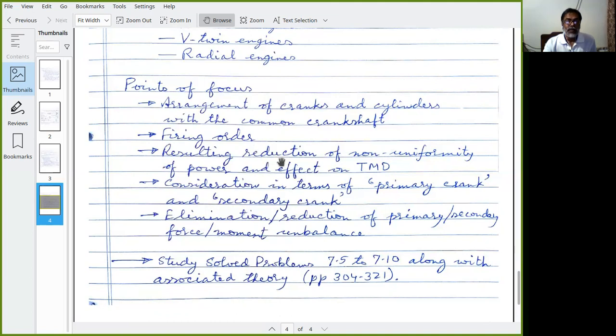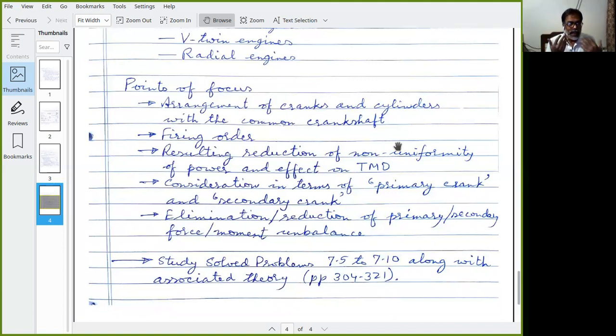Now, as a result of this arrangement and this firing order, you would get power from different cylinders at different points of time. As a result, the non-uniformity of power that otherwise results in a single cylinder engine would be reduced to a good extent.